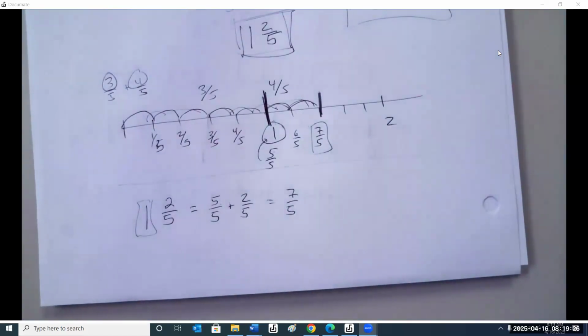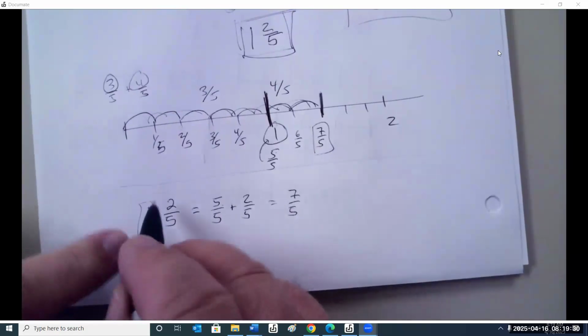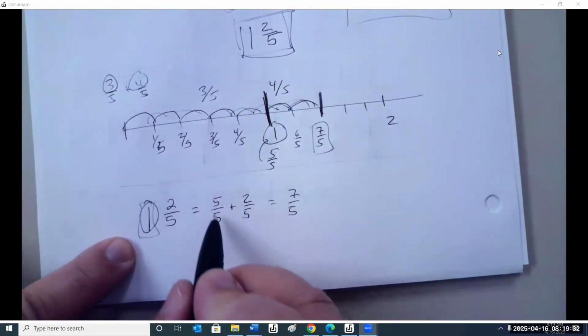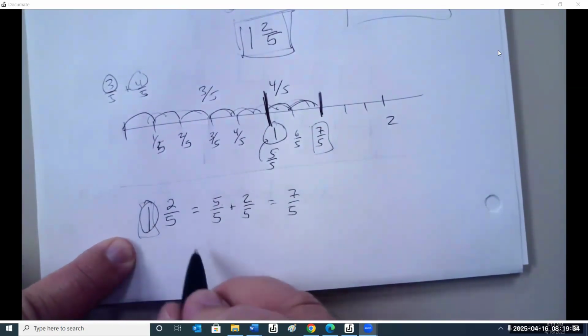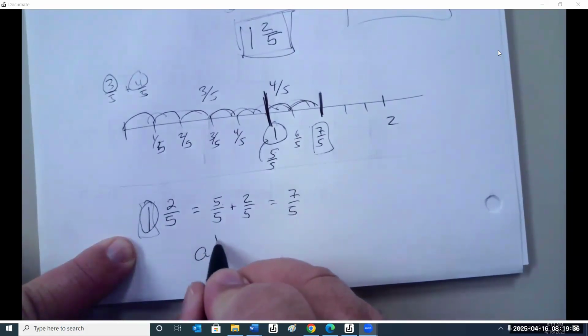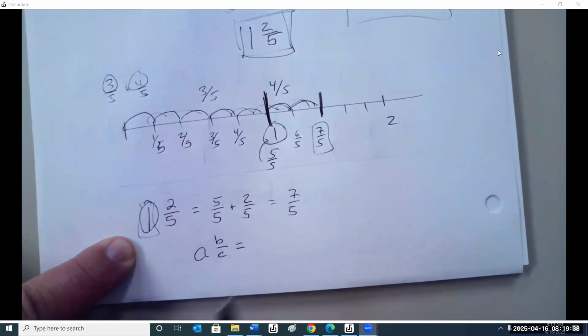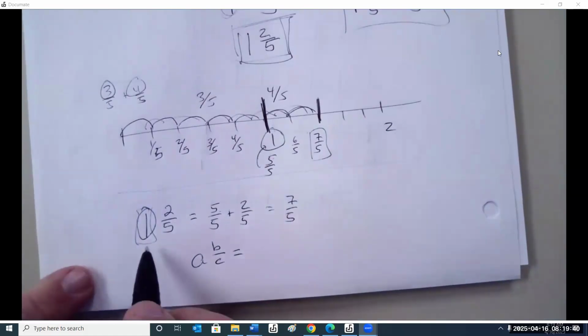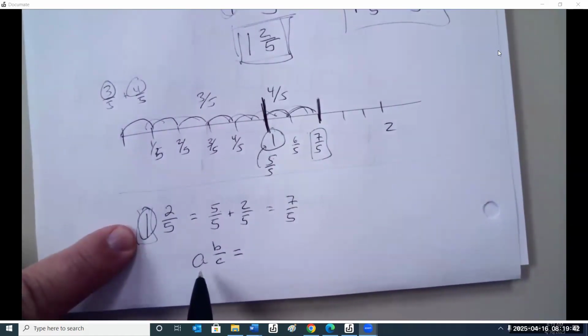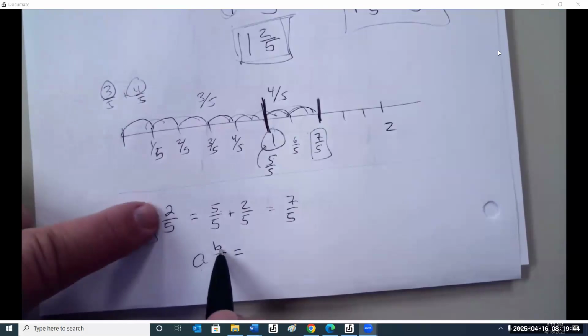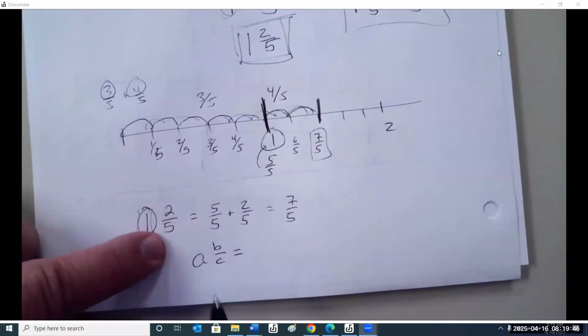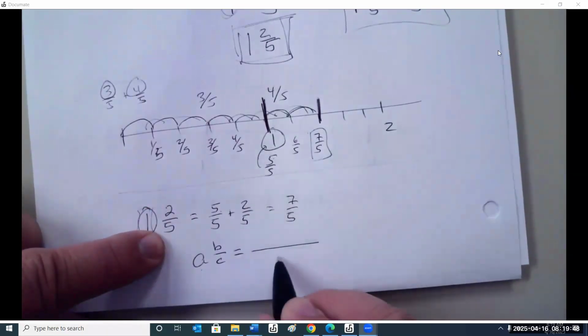But that's not the formula. That's just what we just talked about. The formula is this. Take the form A, B, C. A is the integer, B is the numerator, C is the denominator. Remember, it's a fraction, so the C has to stay on the bottom.